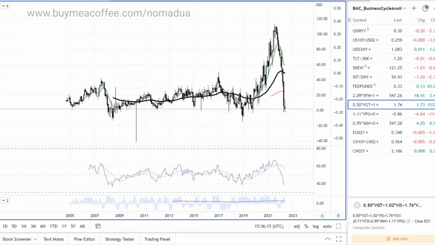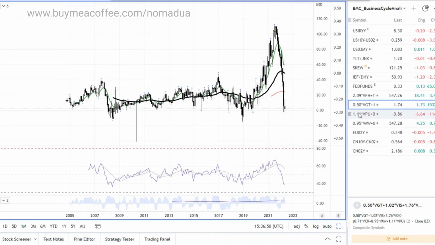Now let's take a look at the second chart. Here we have stocks that should perform well in the middle phase of the business cycle. This is mostly information technology stocks, industrials, and communication services. And what we see is that the situation is even worse. So that's definitely not a middle cycle.